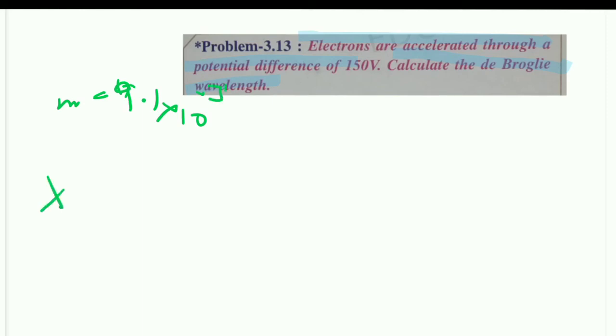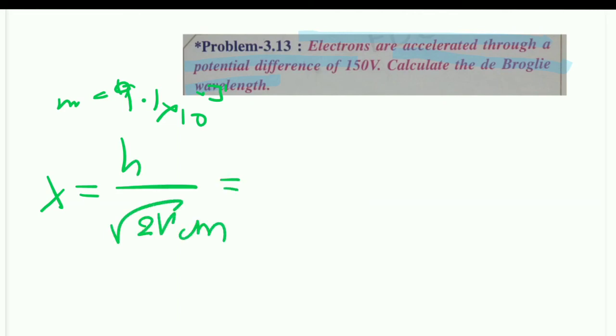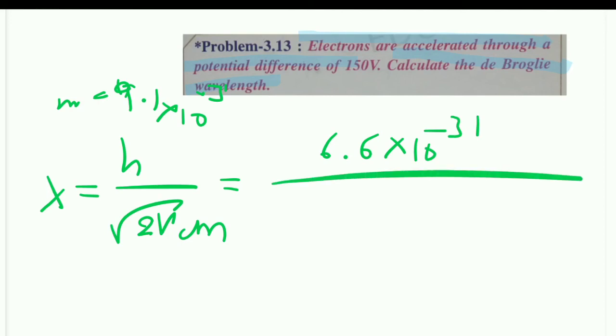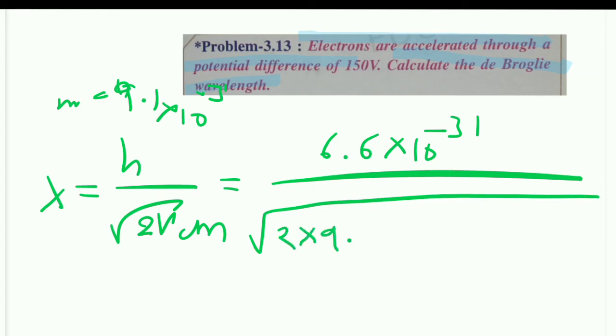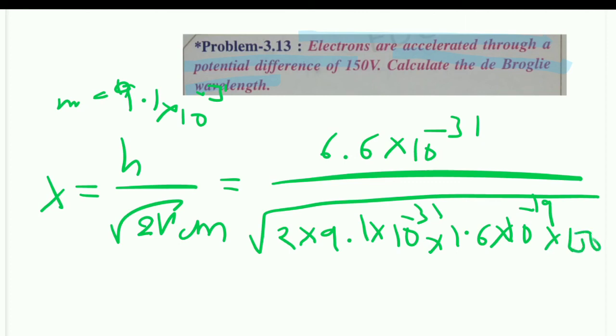So lambda is equal to h by under root 2Vm. Then h means 6.6 into 10 to the power of minus 34 by under root 2 into 9.1 into 10 to the power of minus 31 into 1.6 into 10 to the power of minus 19 into 150.